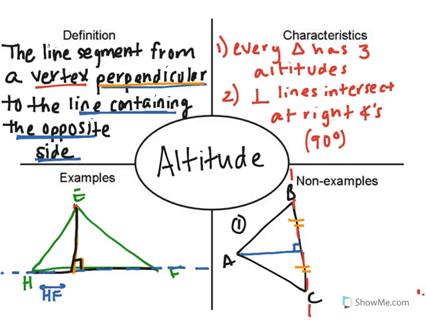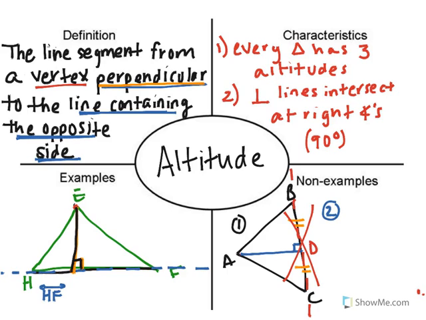And now remember that this is a median. That's what a median does. That's not what an altitude does. So I can't assume here that, if we call this D, BD is congruent to DC. I do not know that from the altitude.